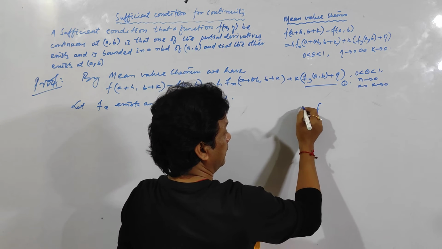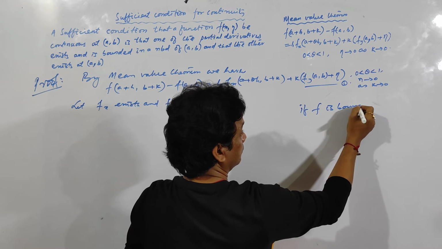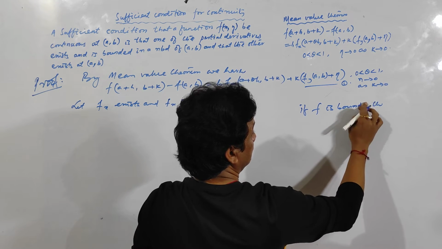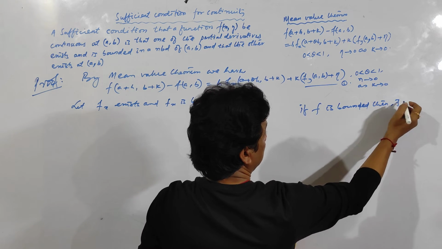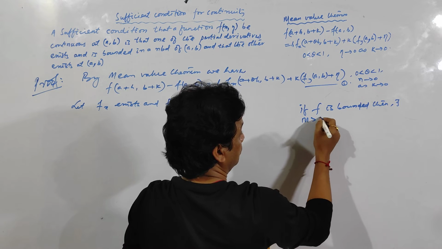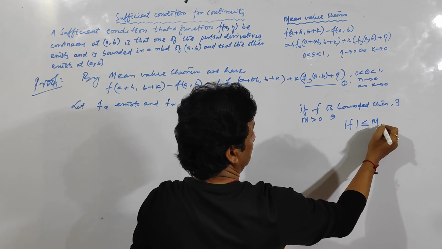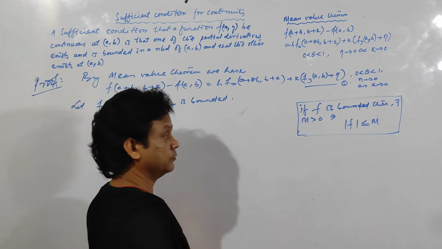If f is bounded, then there exists M greater than 0 such that mod f is less than or equal to capital M. So this is the definition of a bounded function.